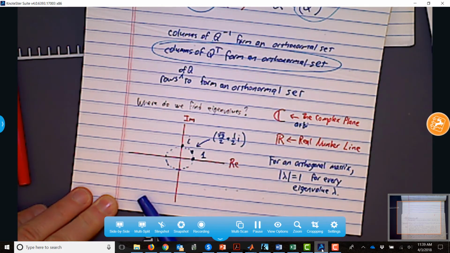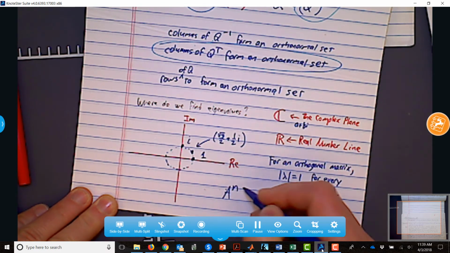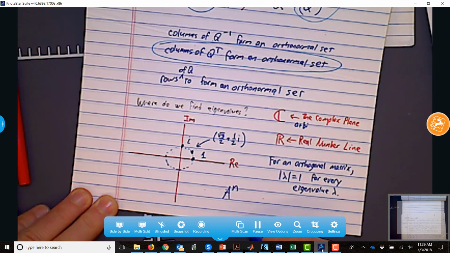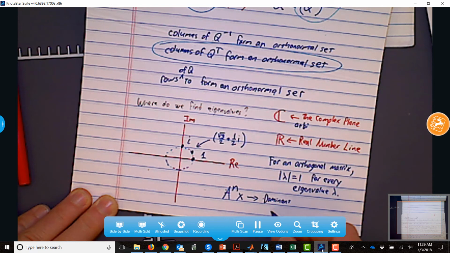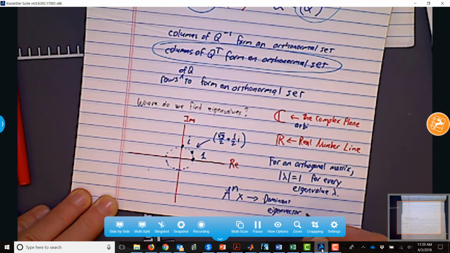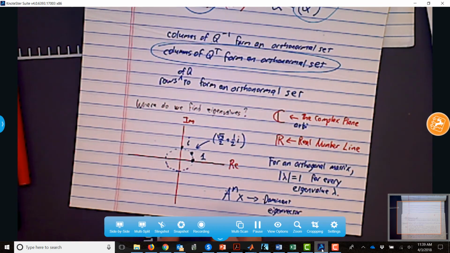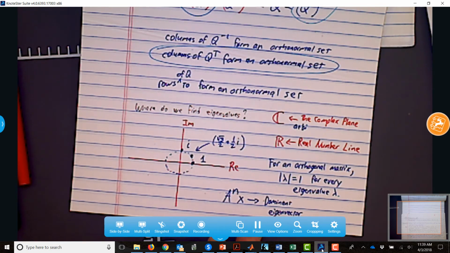Remember last time we studied something called the power method, A to the n? We said that A to the n x is going to approach the dominant eigenvector, and we also talked about the dominant eigenvalue, the one with largest absolute value.